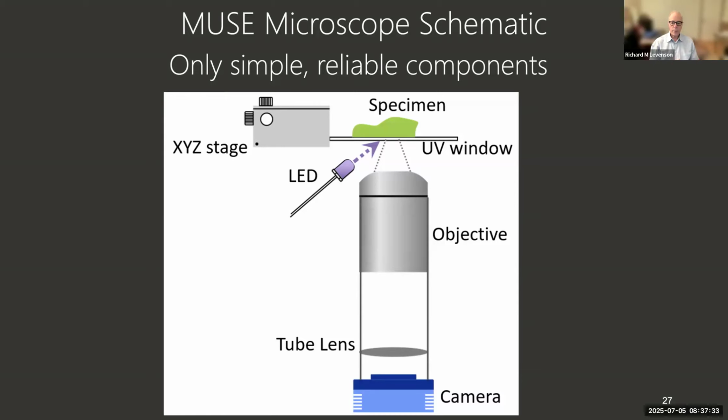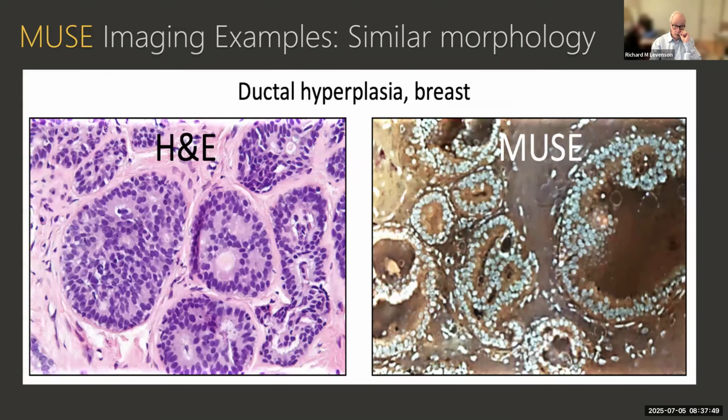And UV window sounds exotic, but it's just a piece of sapphire or quartz, something like that. And that's because the LED light that we use is of a wavelength that doesn't go through normal glass. And the images are generated immediately. The tissue is stained very, very quickly with a simple dye combination of DAPI and rhodamine.